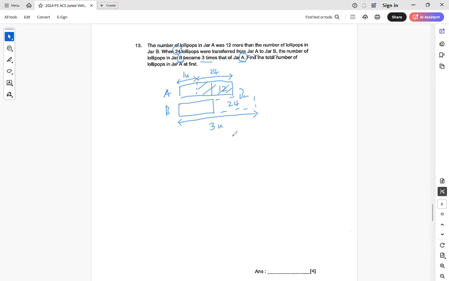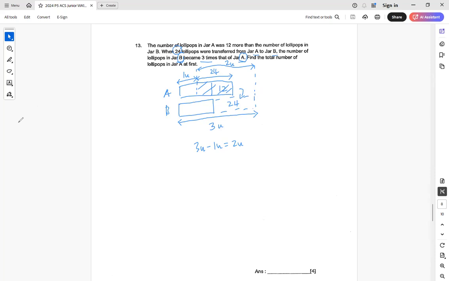Now, to solve this kind of model drawing, we always have to look at the difference in units. So A is 1 unit, B is 3 units. The difference in units is 3U minus 1U equals 2U. The 1U is until here, the 3U is until here, so the 2U has to be from here all the way to here.